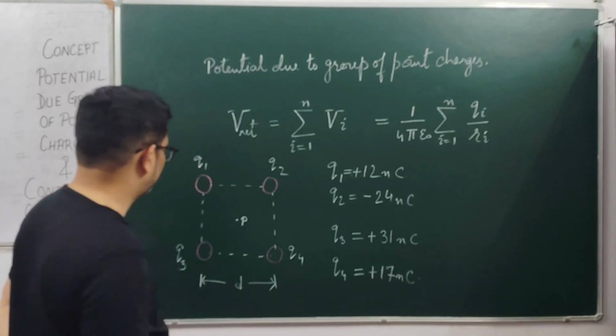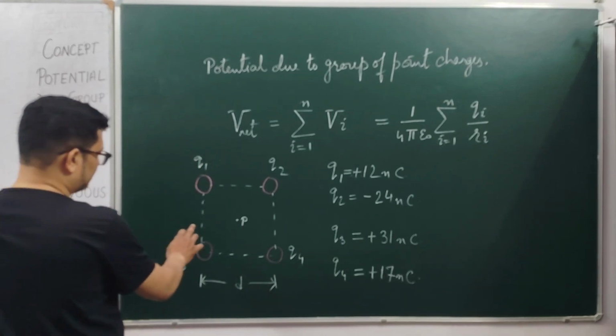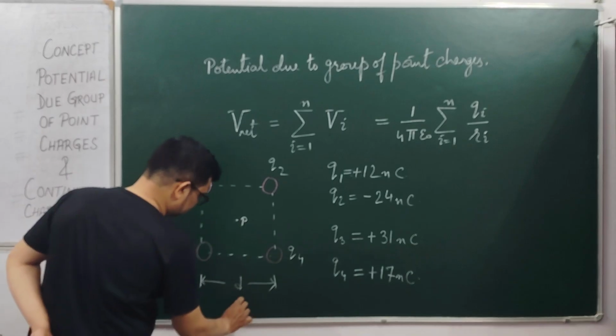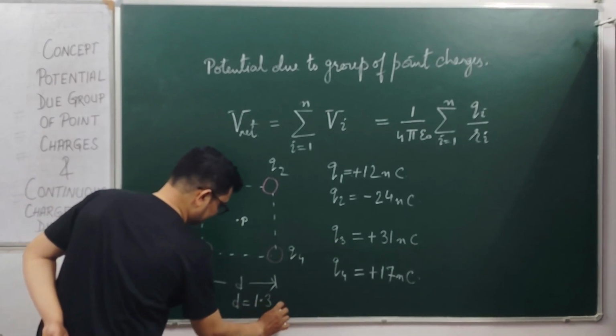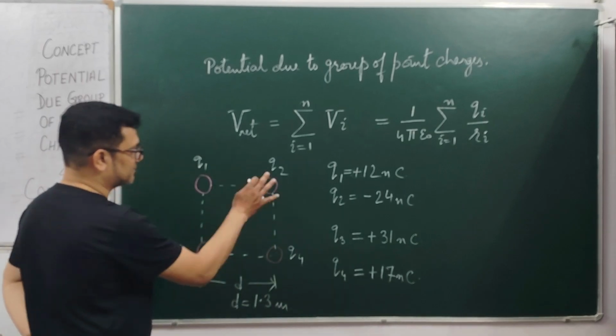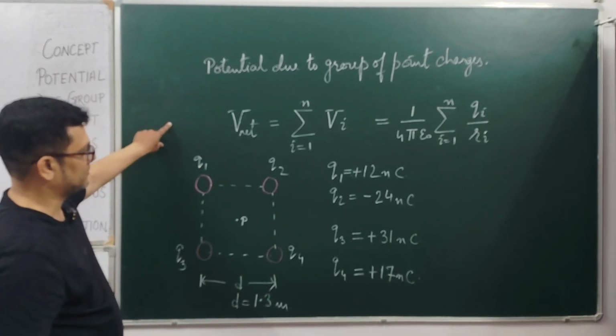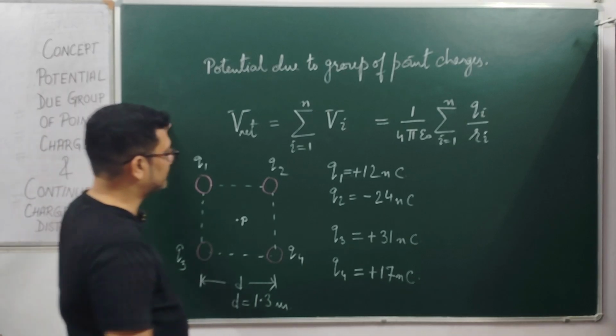And we are interested to find the potential here. We also take D to be 1.3 meters. So with these given things, how can we apply the superposition principle? We'll write it here.